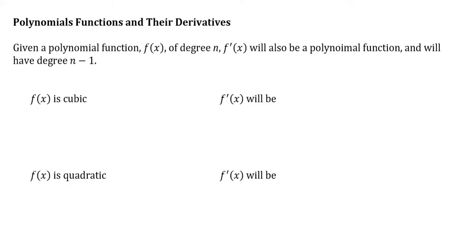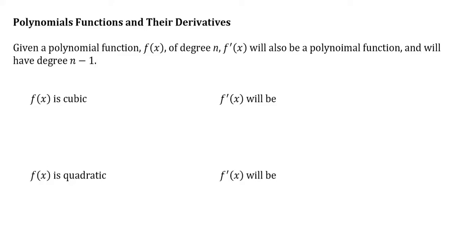And for polynomials, there's a really nice, simple thing that happens where if your function f at x is a polynomial and it's of degree n, the derivative will also be a polynomial for sure, and will be degree n minus 1.